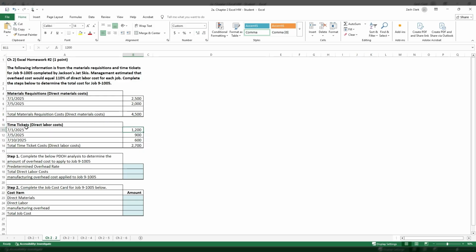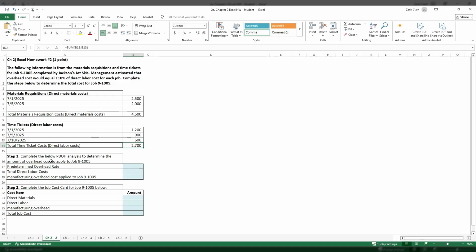And then if we look at direct labor costs from time tickets, our payroll system or time tracking system, 3 different times that this job was worked on and different cost amounts associated with those 3 dates. And so the total cost there is $2,700 related to direct labor. Okay, so that's all informational.